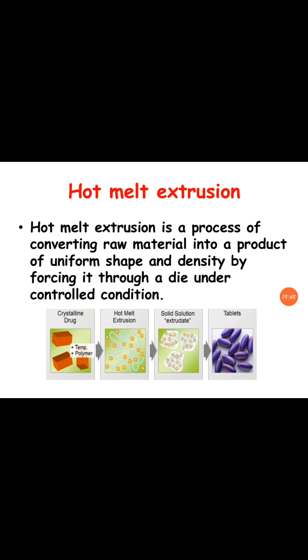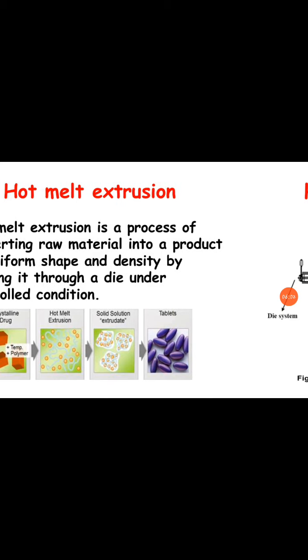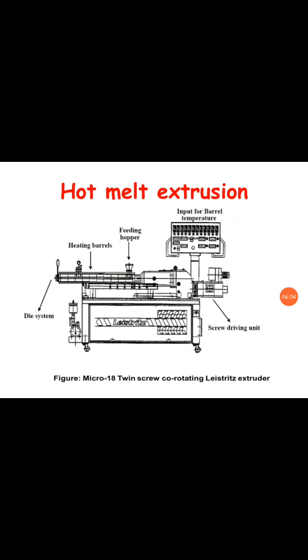Then it is melted and made into solid by cooling at room temperature. So this is a typical die mechanism for hot melt extrusion.